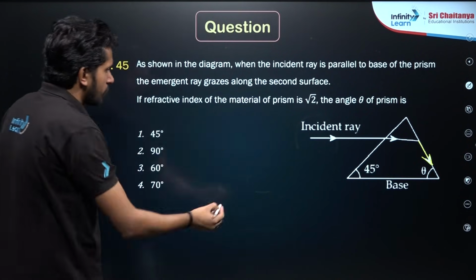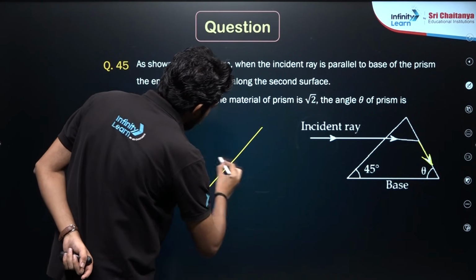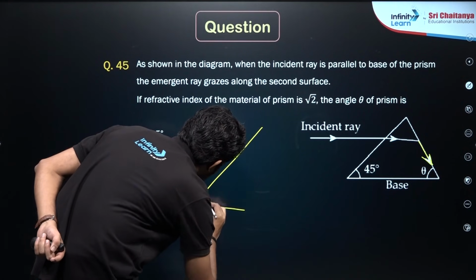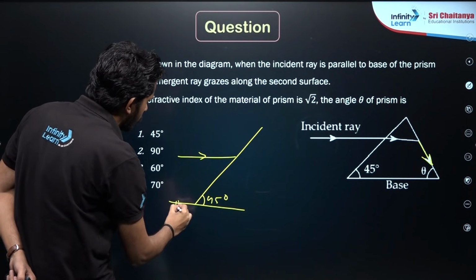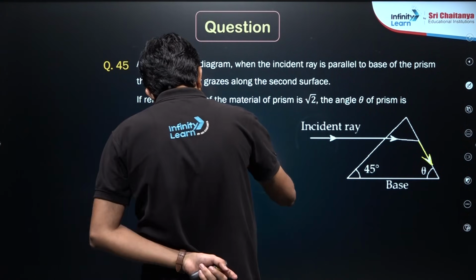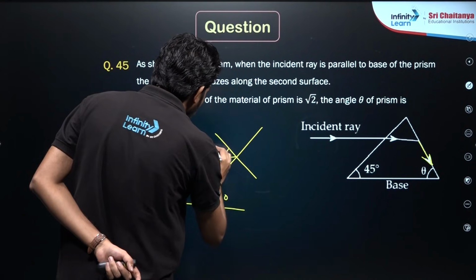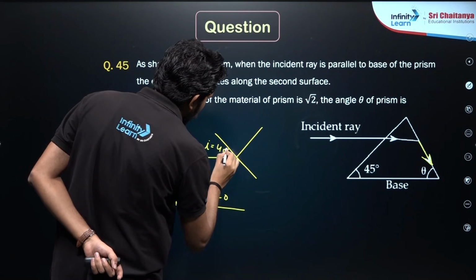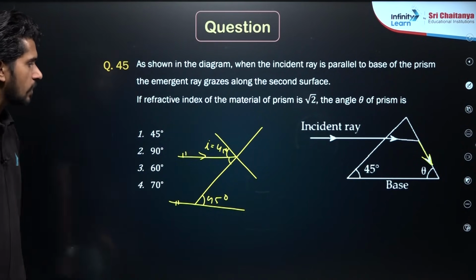Let's redraw it. First surface, incident ray, 45. These are parallel. Okay, so this is also 45 and this is 90 angle. So I angle, incident angle is also 45 degree, right? 45, 45, 45. It was 45 plus 45, 90.